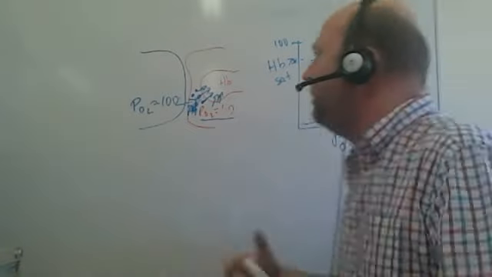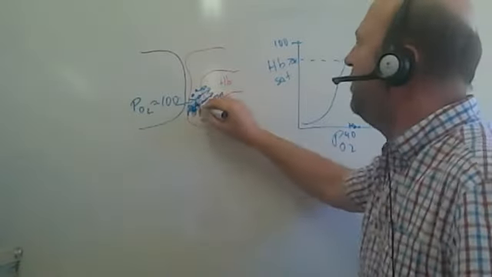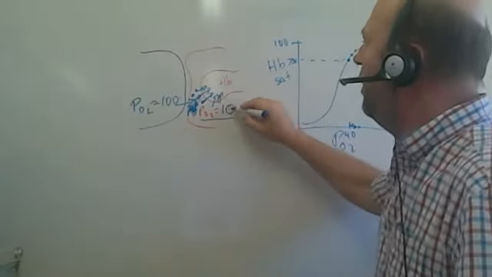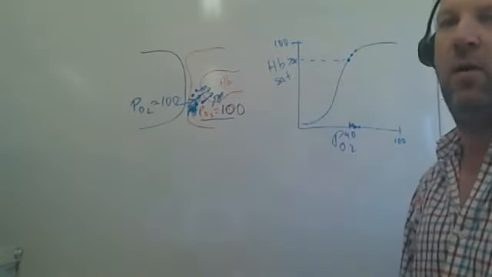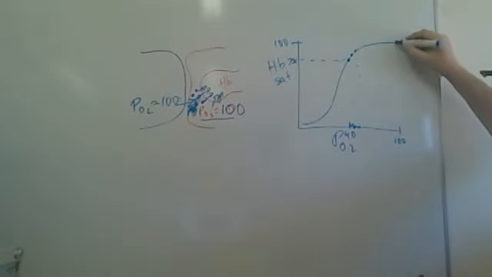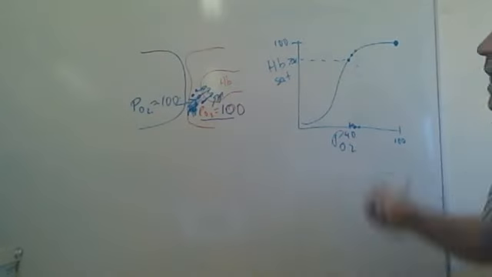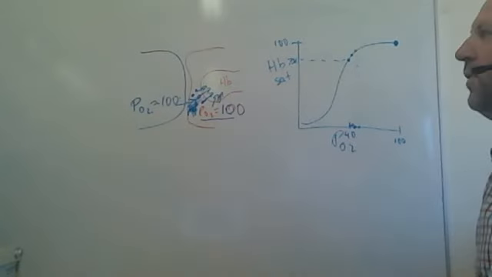Now this will continue until the PO2 reaches a value of 100, when it becomes equivalent to that of the alveoli. And at this stage we basically have close to 100% or full saturation of all our hemoglobin molecules.